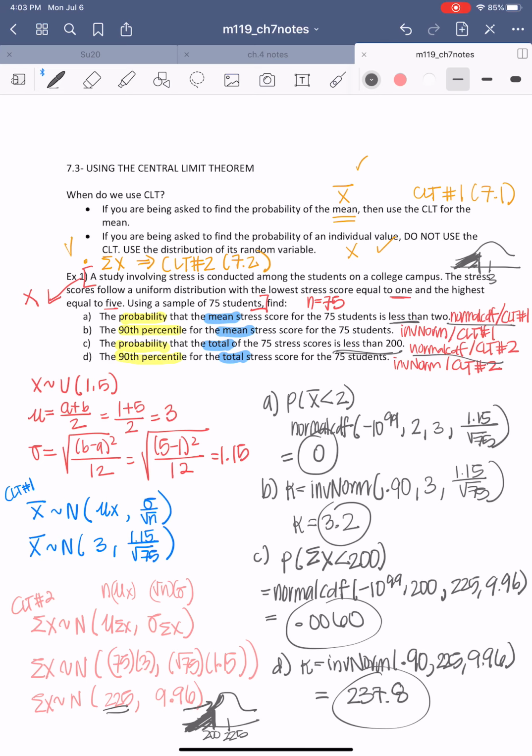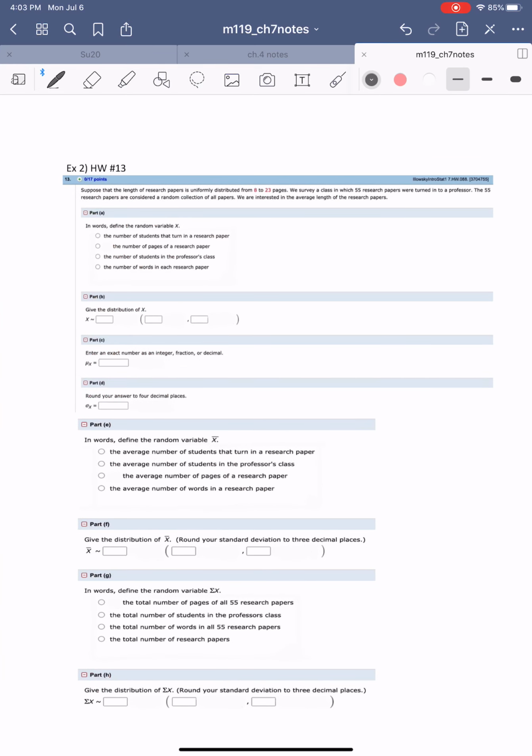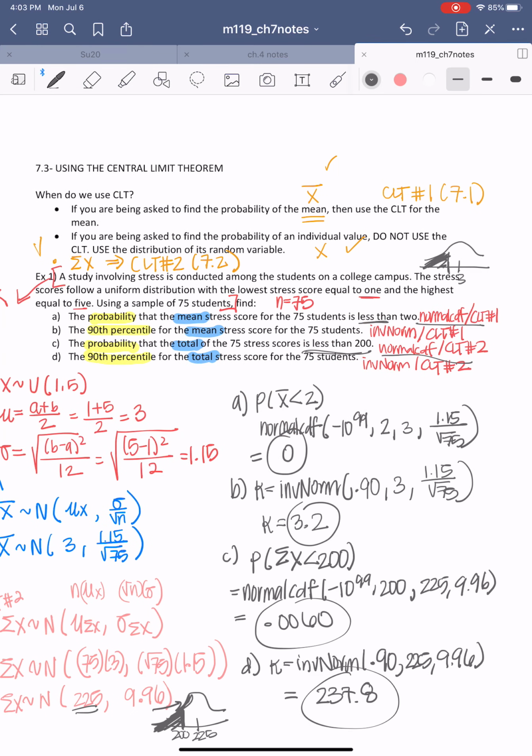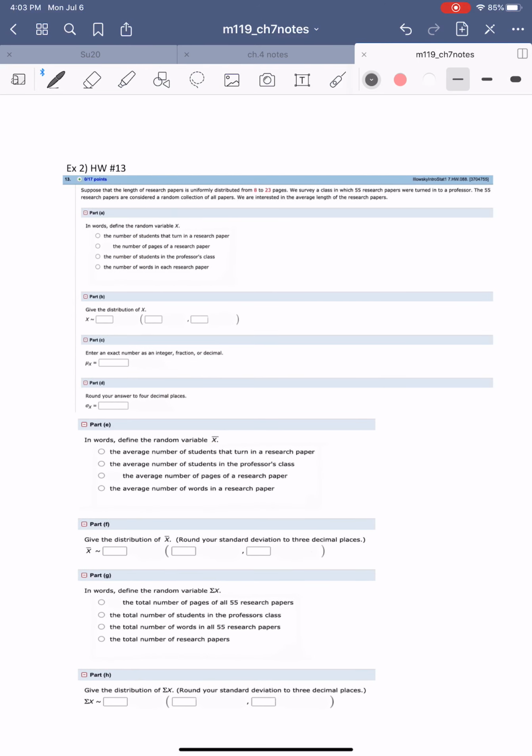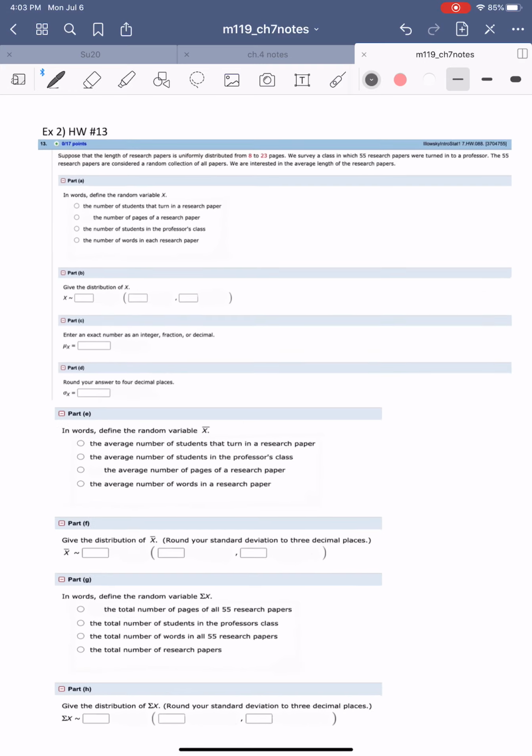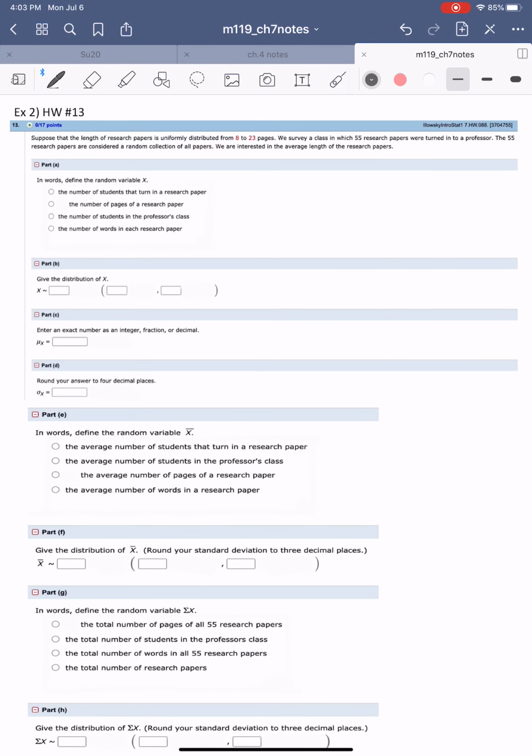All right, one more practice. This is homework problem number 13, but it's dealing with the exact same thing, determining whether we are dealing with x, x bar, or the sum. Suppose that the length of a research paper is uniformly distributed from 8 to 27 pages. We survey a class in which 55 research papers were turned into a professor.